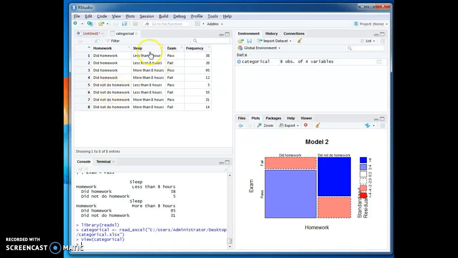And for the sleep variable, I have people who sleep less than 8 hours and people who sleep more than 8 hours. I want to look at the relationship between those two categorical variables and how they affect passing or failing the exam. For these categorical variables, it's the frequency of each situation.